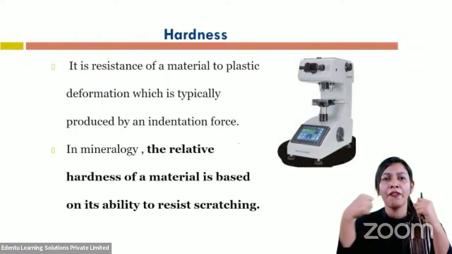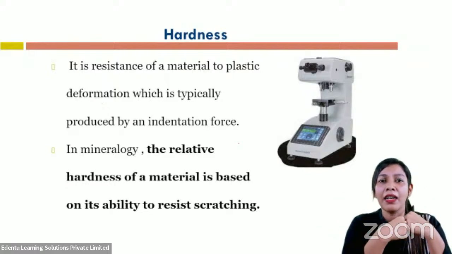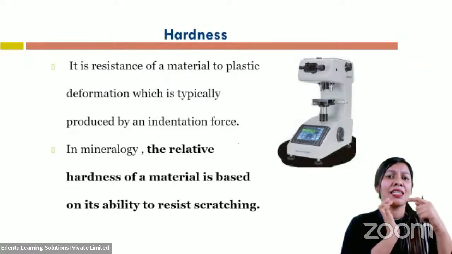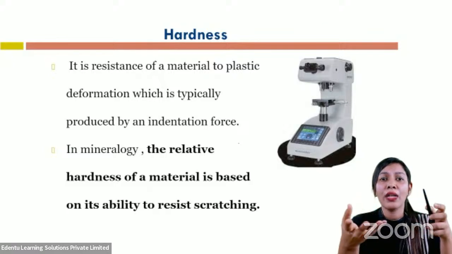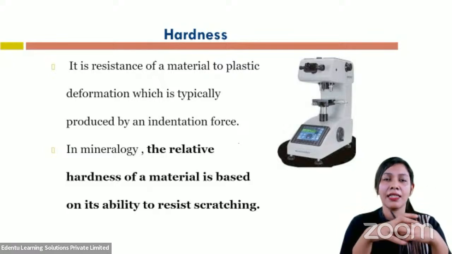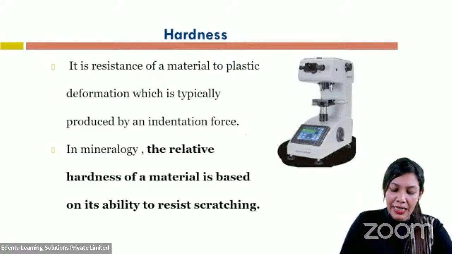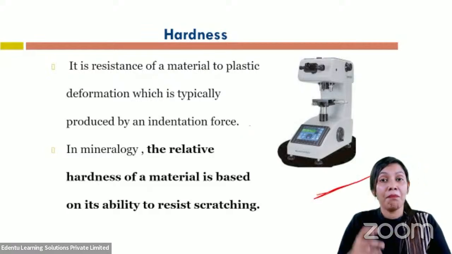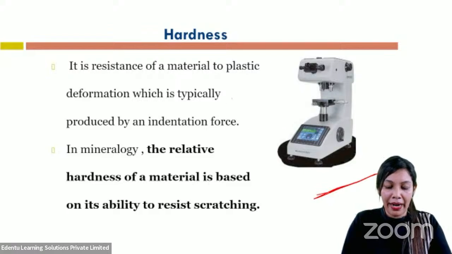So how do we say a material is hard? When we push or give a blow to the material, if it doesn't cause any scars or any fracture to the area, it is called hardness. If a material is said to be hard, there are certain testers like these instruments where a load is applied on a material.